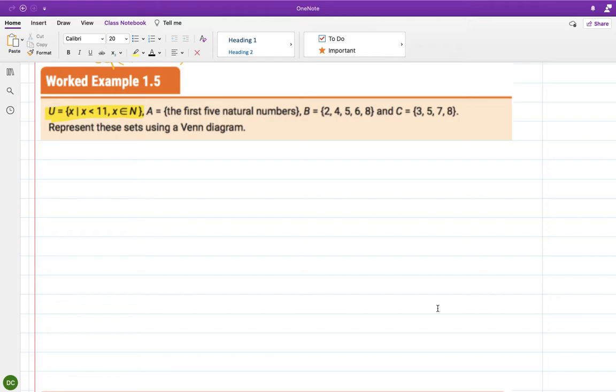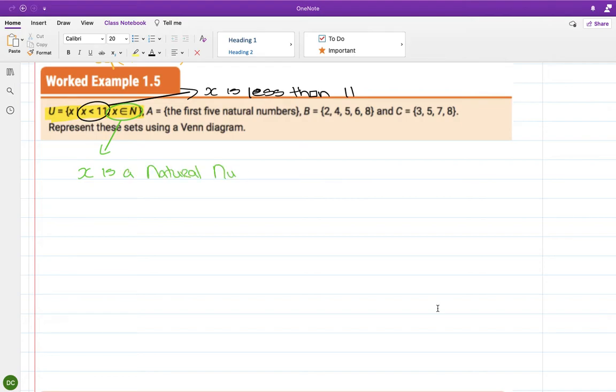Sorry, OneNote's a bit dodgy today. That, because we can read that, says X is less than 11. Yeah. And then this bit here says that X is a natural number.